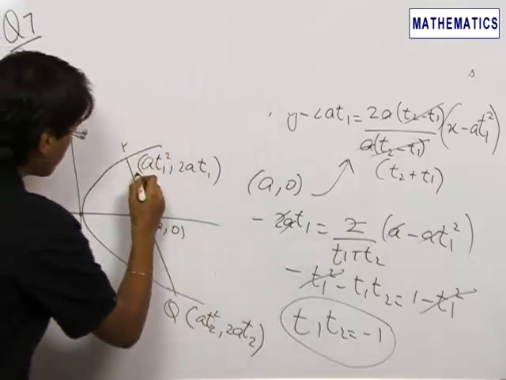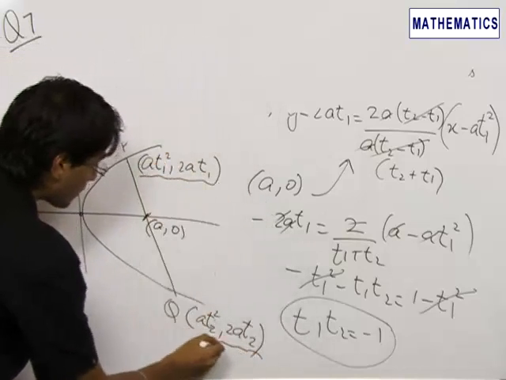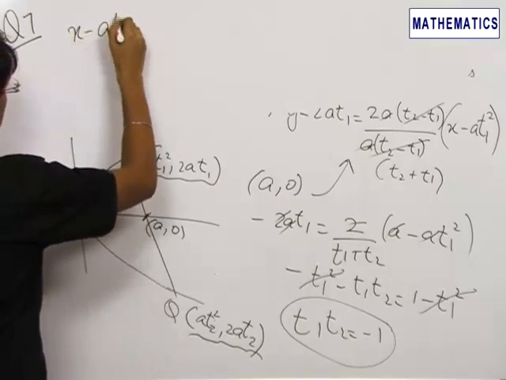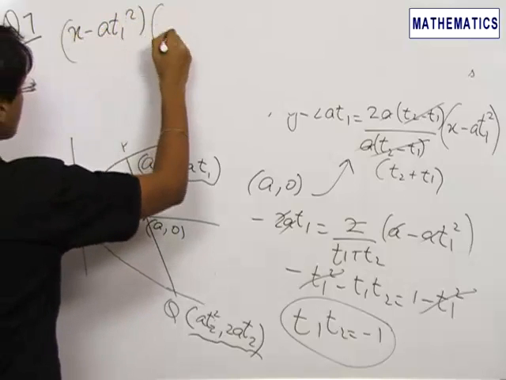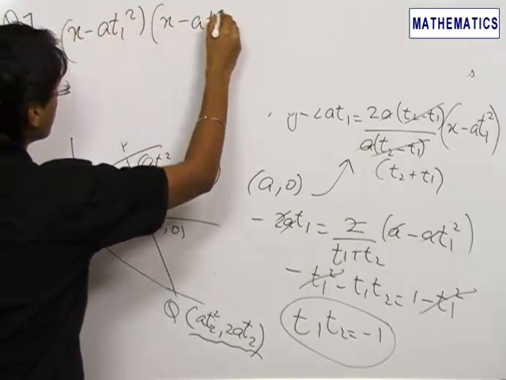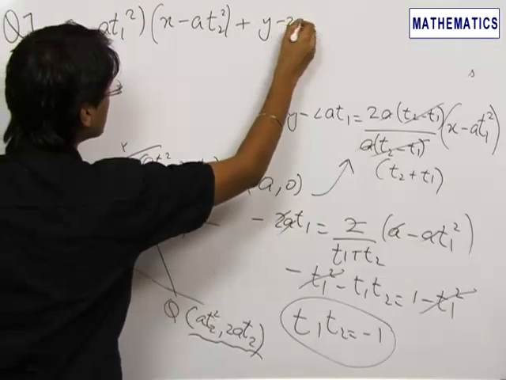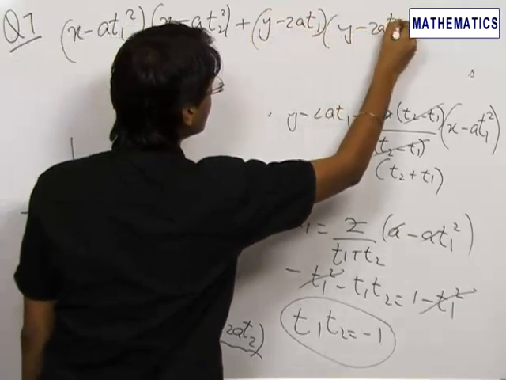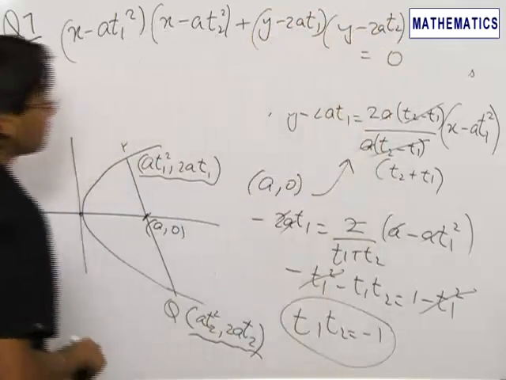Hence the equation of the circle is x minus at1 square into x minus at2 square plus y minus 2at1 into y minus 2at2 is equal to 0.